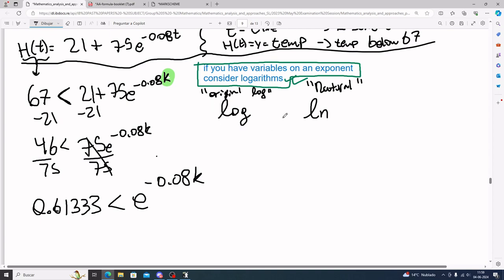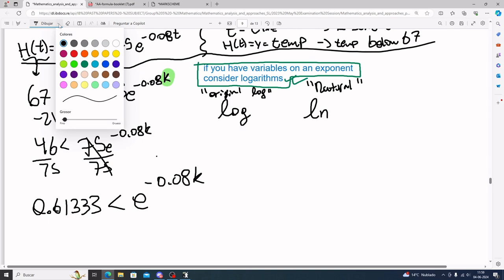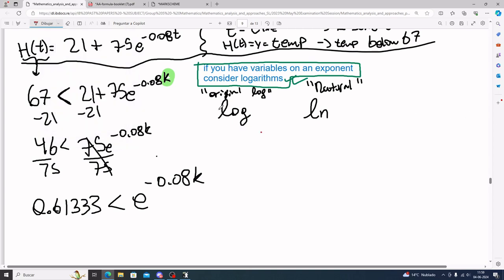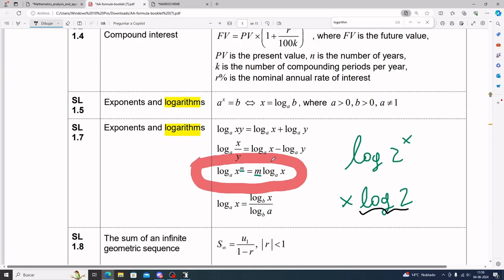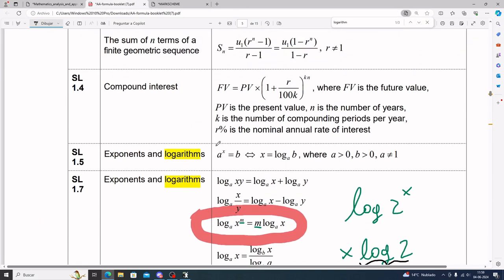Technically, you can pick your base in each, but the default, what comes from the factory, is that original log has a base of 10, like a hidden 10 written there. Notice in the definition of log, the small a there is the base you use for the exponent later.